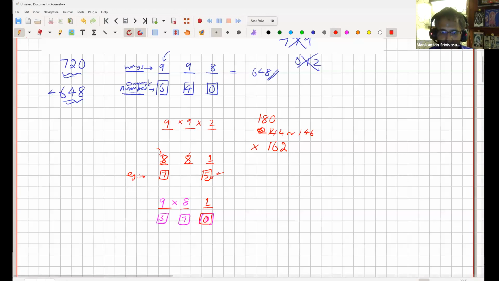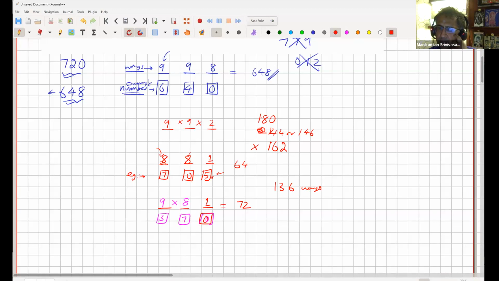So just to complete an example here, this will be 705, let's say. Does it make sense? So this is 9 into 8 into 1, which is 72 ways. And this is 8 into 8 into 1, which is 64 ways. So 72 plus 64 is 136 ways. These are all divisible by 5.